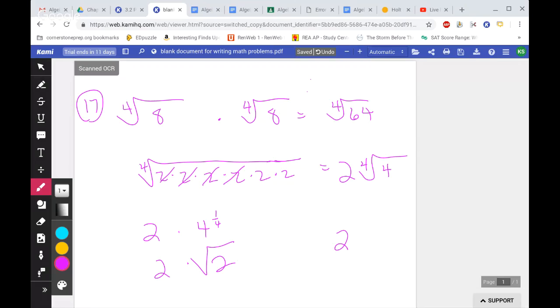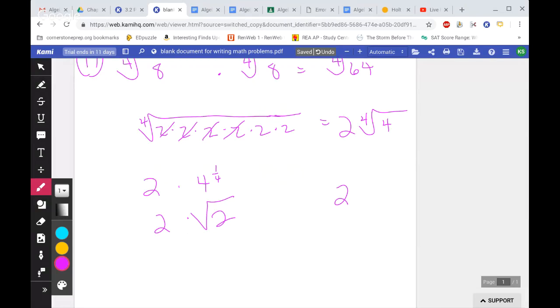Whenever there was one other place, on number 25, you actually get down to 2, and maybe I'll just cover it then. But you want to get it to the smallest root that you possibly can. That's the simplification process.